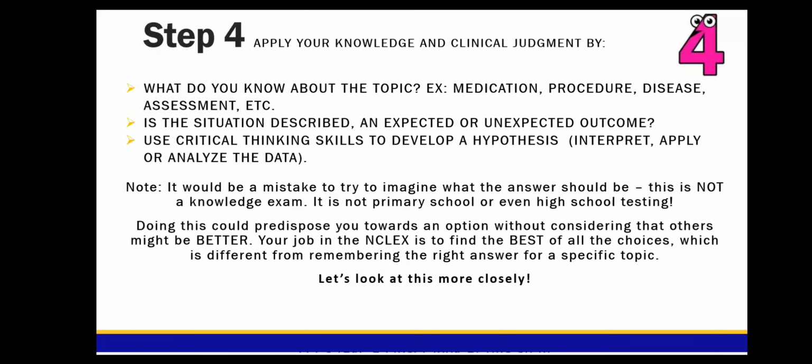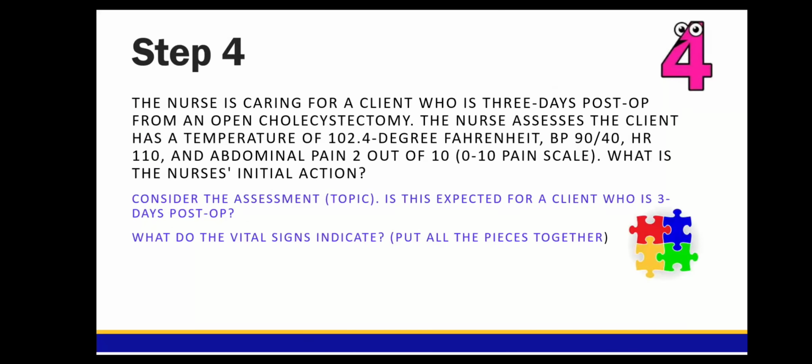So let's take a look at this a little bit more closely so you can understand what I mean by this. So again, here's the question posed again. Consider the assessment as the topic: is it expected for a client who is 3 days post-op? Well, we determined that no, it's not. What do the vital signs indicate? Now, this is the critical thinking piece. Our knowledge tells us that these are abnormal vital signs, but what does it indicate?